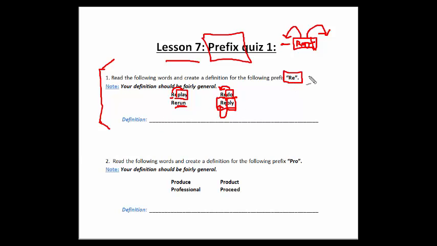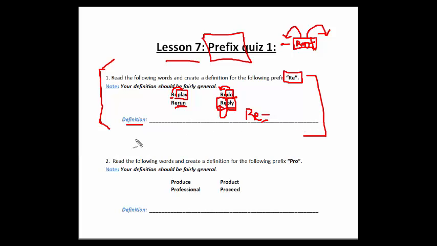So our definition, and I want you kids to create your own definitions here, and they should be fairly loose. Re is basically going to do something again. So re equals do again. And then fill this out.